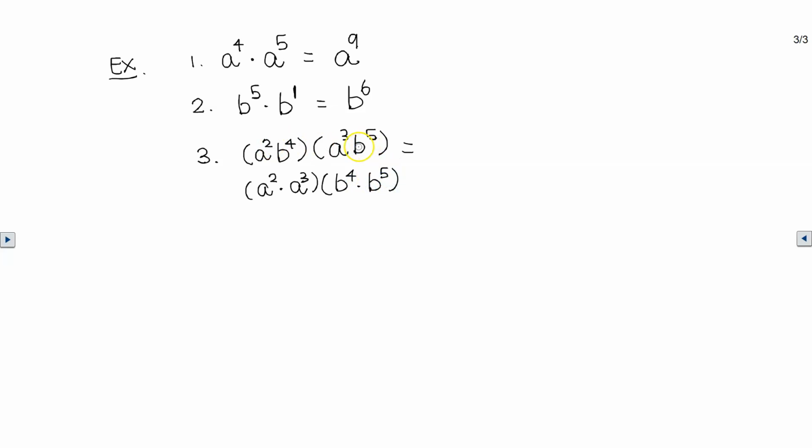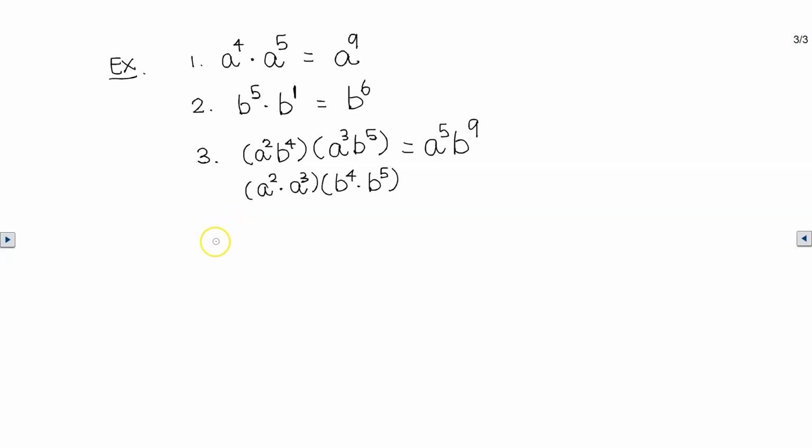So if it's a multiplication problem and there are multiple bases, just use that product rule for each base. So a to the 2nd times a to the 3rd, you would add those 2 exponents and get a to the 5th. And then b to the 4th times b to the 5th, you would just add those 2 exponents and get b to the 9th.